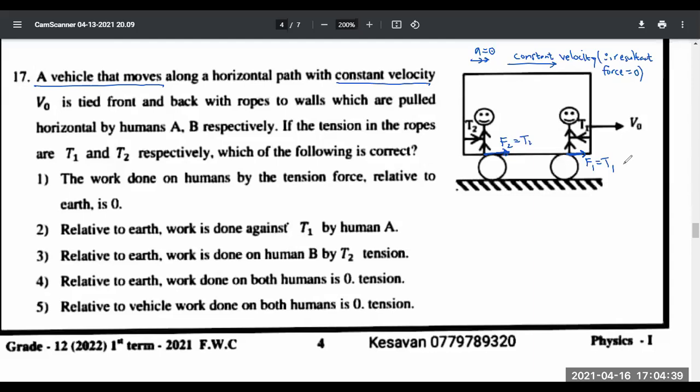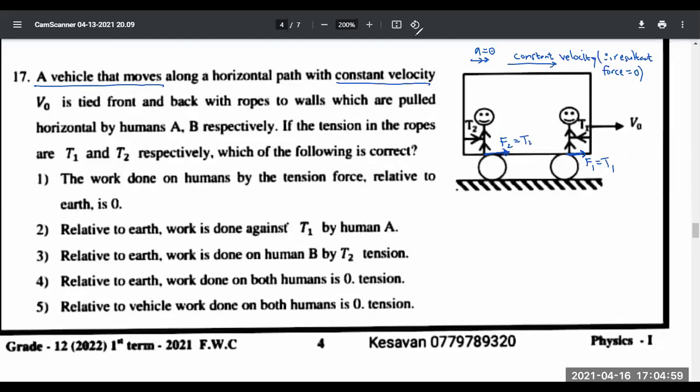The resultant work done means the resultant force acting is 0, so net work will be 0. Because due to tension there is work done, and that work done is opposed by what?